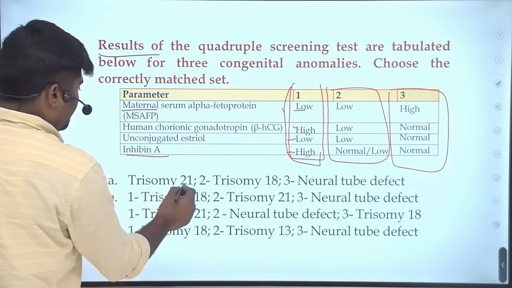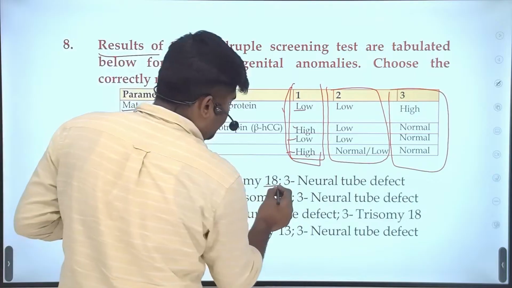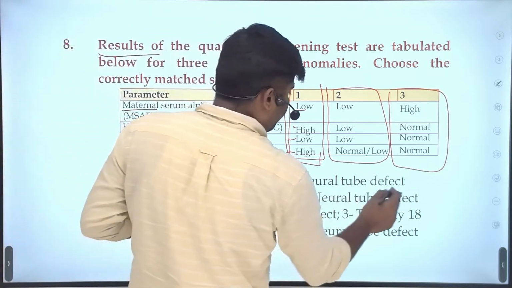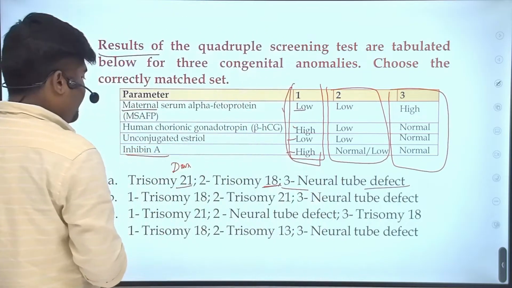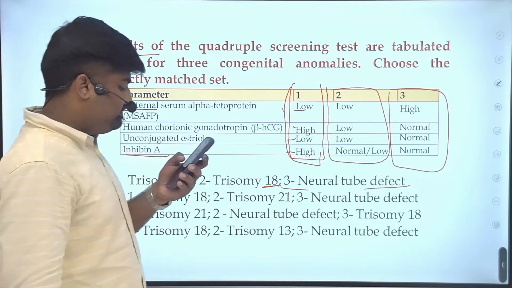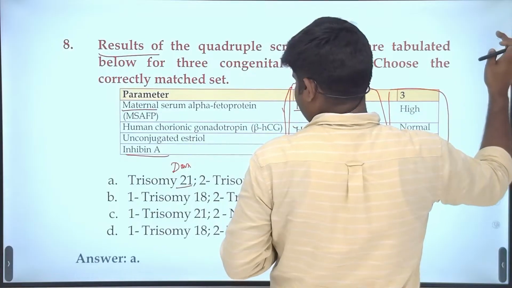Yes. Trisomy 21 is Down syndrome. Trisomy 18 is Edward or Patau syndrome. Neural tube defect is also there. In Inhibin A, it is high. Now tell me. I will give you the clue here.